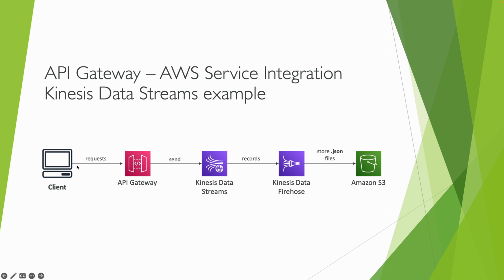So data sent by the client is in the end stored in S3 as a JSON file. This can all be triggered through API Gateway.